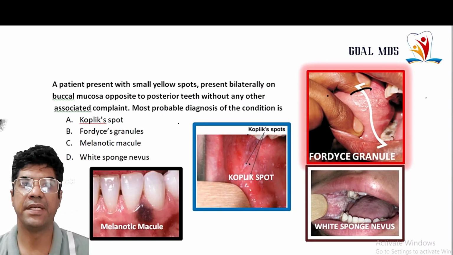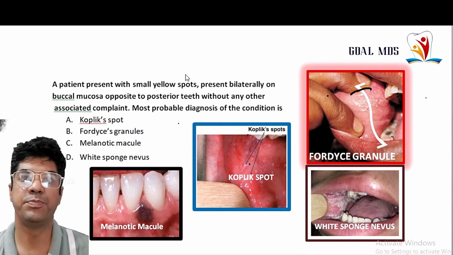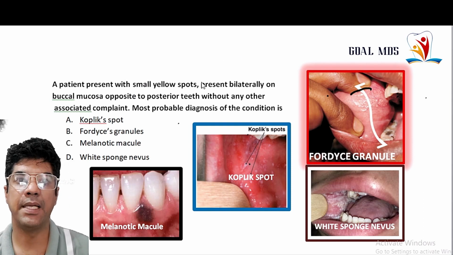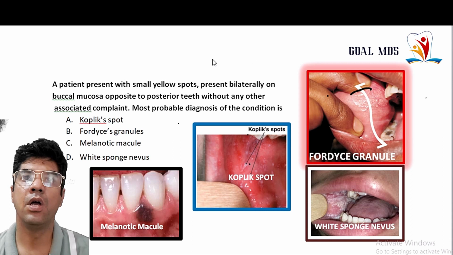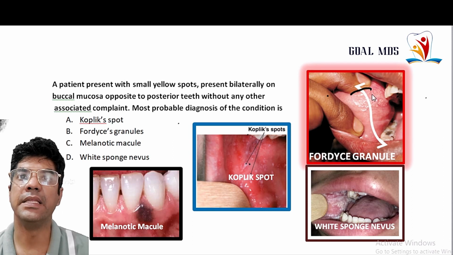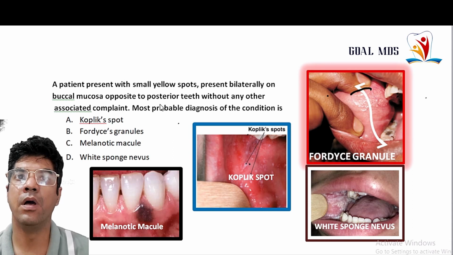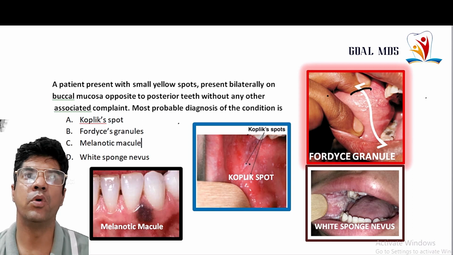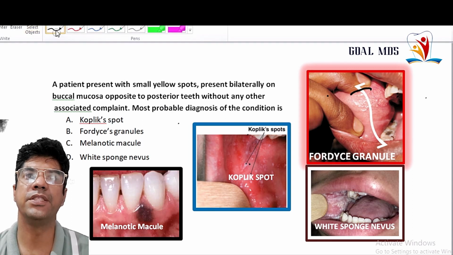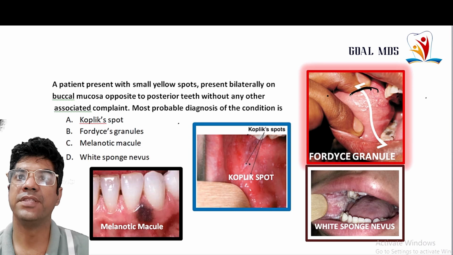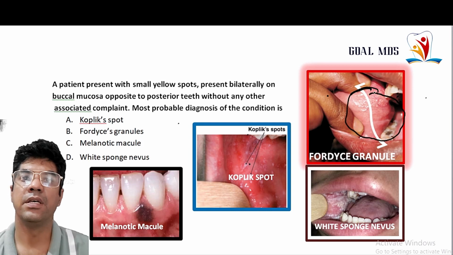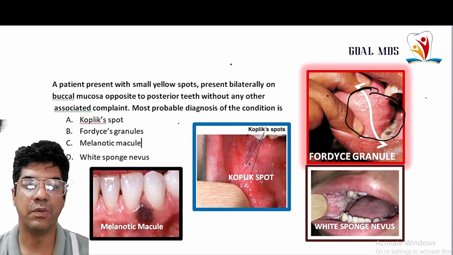A patient presented with small yellow spots that are present bilaterally on the buccal mucosa opposite to the posterior teeth without any associated complaint. So the most common diagnosis of the condition is, so you can see here, these are the Fordyce granules.